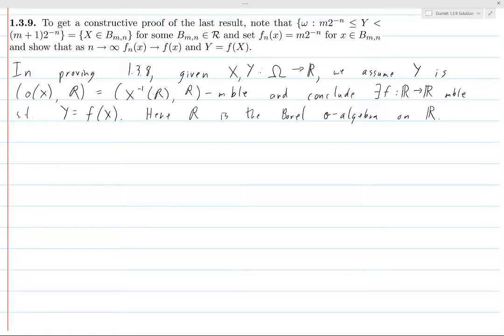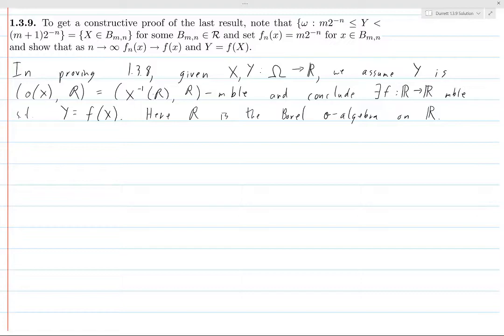And so you just take all the inverse images under X of Borel sets in R, and that gives you a sigma algebra in omega. And so in this way you get a sigma algebra in omega with respect to which X is measurable.